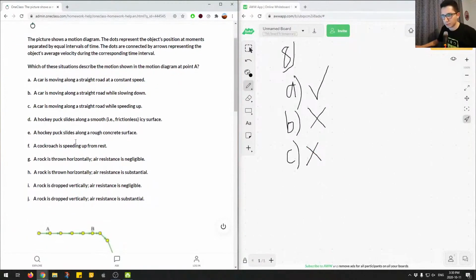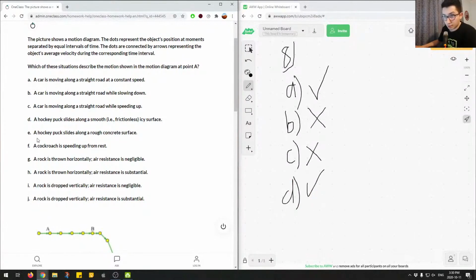Option D. A hockey puck slides on a smooth, frictionless, icy surface. So pay attention to this word, frictionless. Frictionless means there's no friction force, which means there's no deceleration. So if the hockey puck is sliding, it's sliding at constant speed and nothing is slowing it down. So knowing this, we know this is a constant speed answer, so we know this is correct.